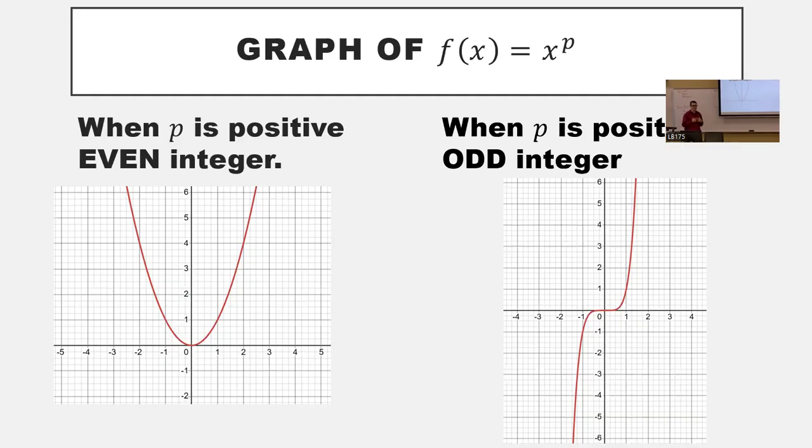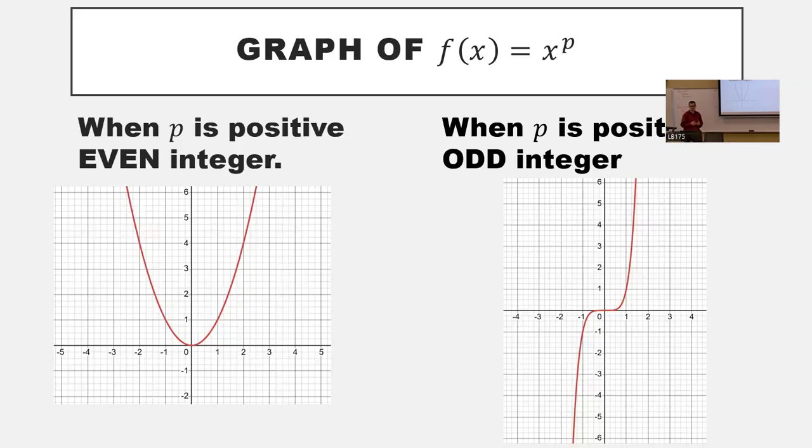Now, the reason I'm focusing on integers that are positive and even, or positive and odd, is because that's what polynomials do.